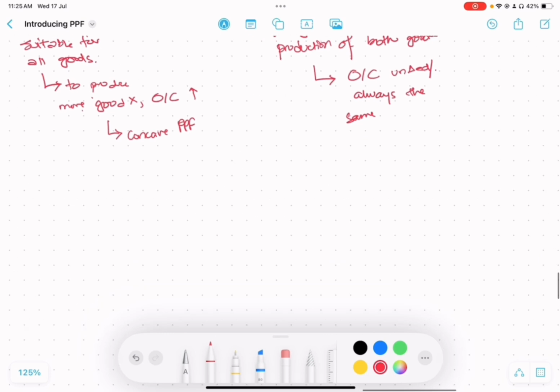If opportunity cost is always the same, what am I saying graphically? Look, we're in a situation where when you're moving from A to B, this is your opportunity cost. When you're moving from C to D, this is your opportunity cost. So if I were to just connect them, essentially I am getting a straight line PPF, right?